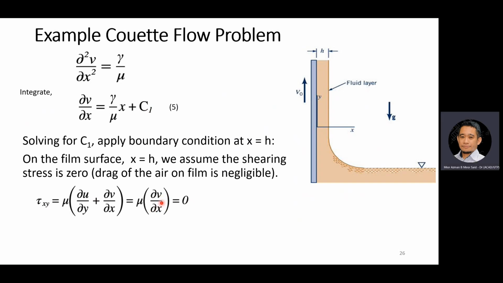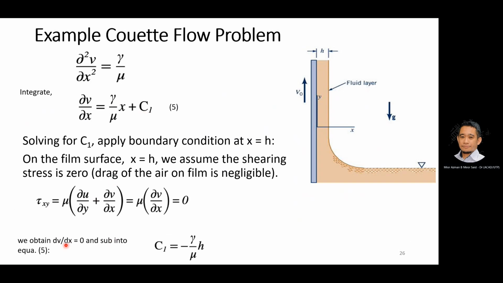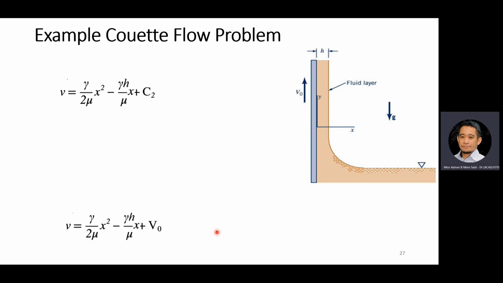Putting it into this equation at x equal to h, we can solve for C1. Hence, substituting into equation 5 at x equal to h, we have C1 equal to negative the specific weight divided by viscosity times h.